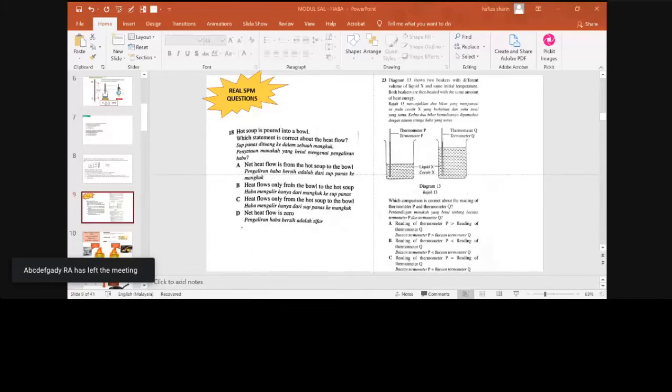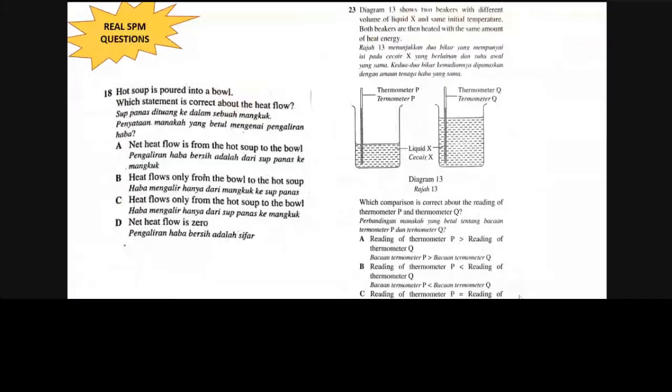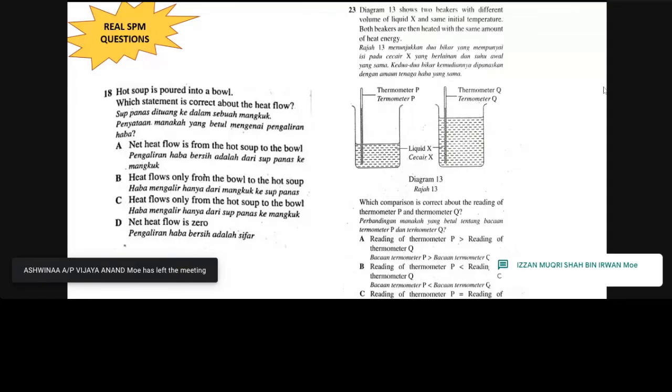Alright, feel free to write down your answer dekat chat. Alright, next one. Number 23. Okay, number 23. So we have 2 beakers with different volume of liquid X but same initial temperature.